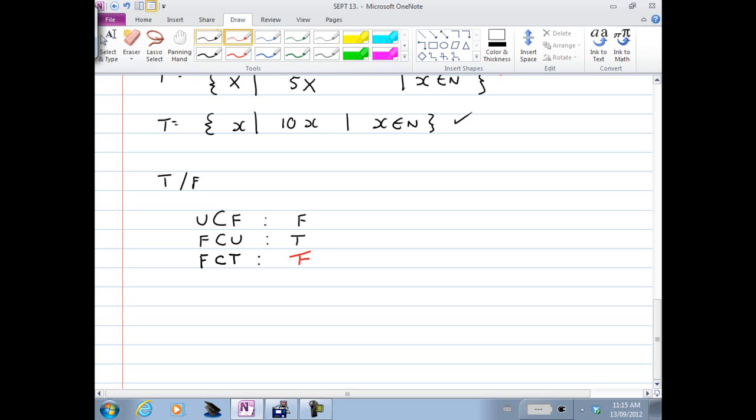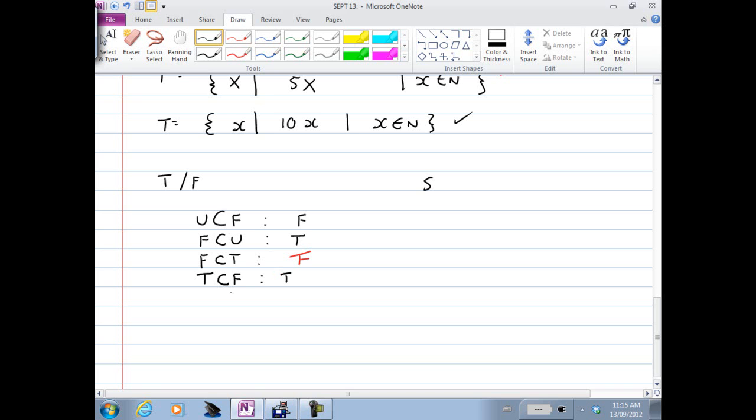Here's the reason why. Would you agree 5 is a multiple of 5? But is it a multiple of 10? No. But if I ask you T, F, is something a multiple of 10 a multiple of 5? Yes. So this is now true.